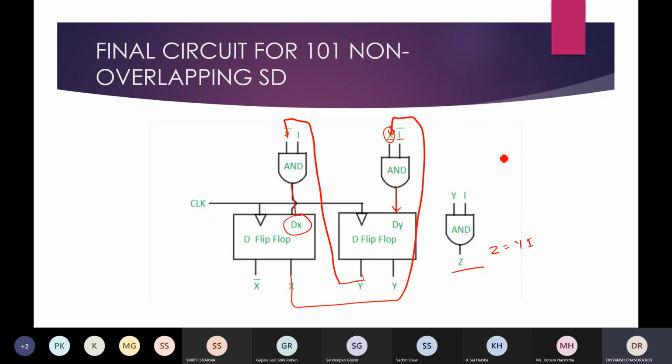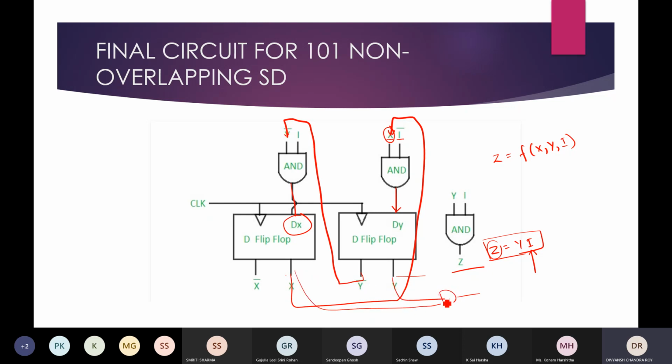Why? Because in a Mealy machine we have output z, which is a function of the present states of the flip flops and the inputs. So here, if you see, the output is y and I, which means it is dependent on the input. So this is a Mealy machine. If it was a Moore machine, then my output z would be taken from here or here, or some logic like AND of y and x.